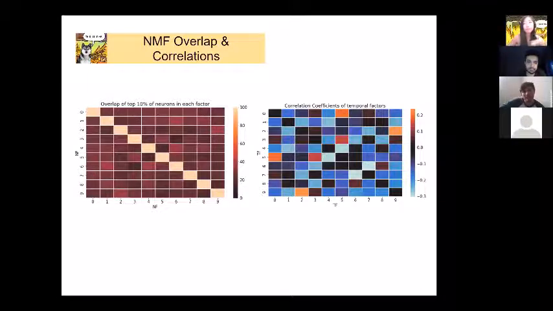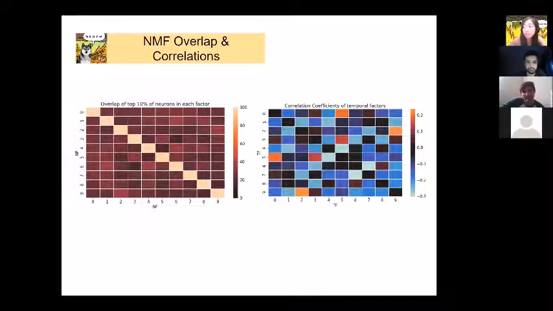Some things then to consider, just very simple statistics, was looking at the overlap of factors. So taking the top 10% of the weights in the neuron factor, seeing how many are present in the other factors, and seeing if maybe some factors are represented by the same neurons or not. From this data set, we see that more or less it is not represented highly, at least.